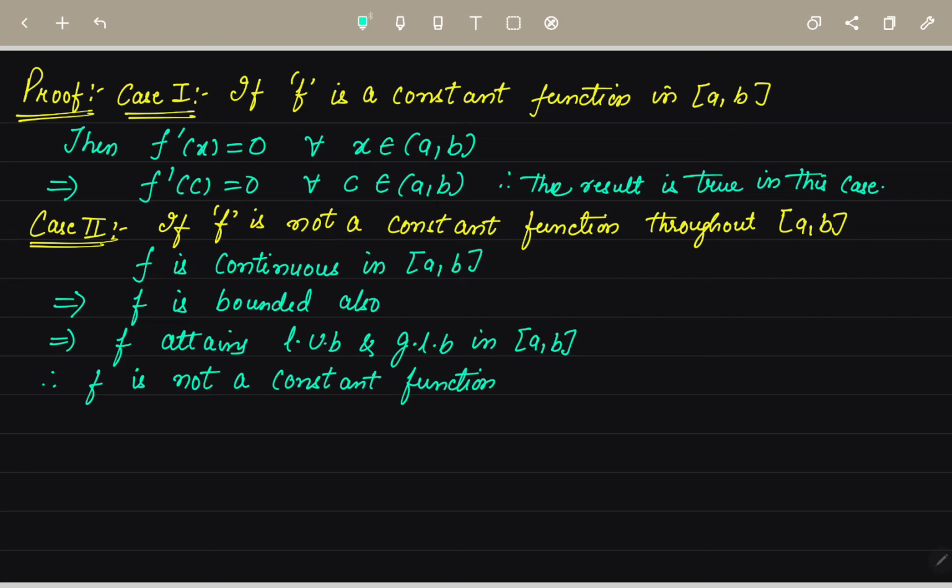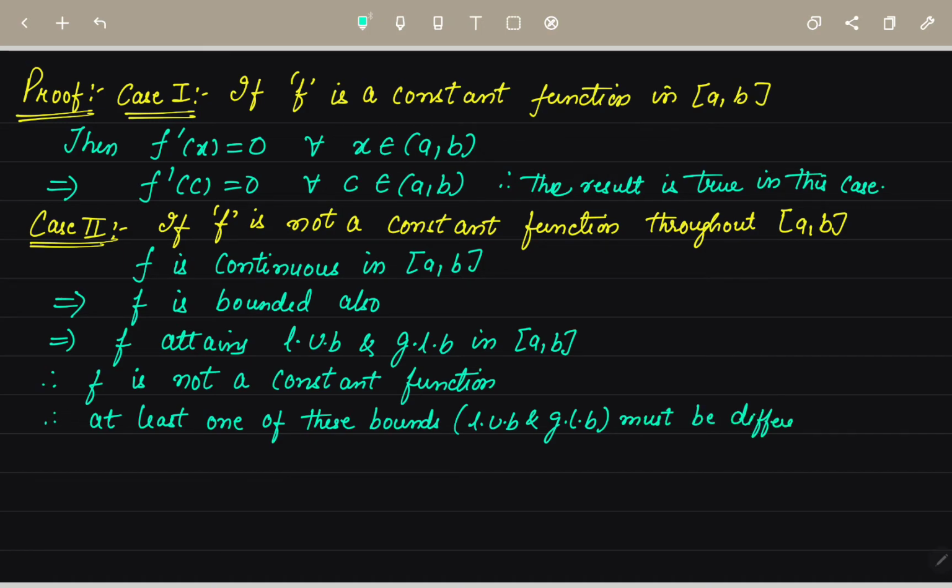At least one of these bounds, the least upper bound and greatest lower bound, or I can say maxima and minima, must be different from the equal values of f of a and f of b.